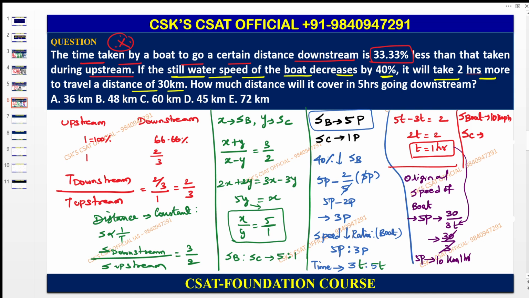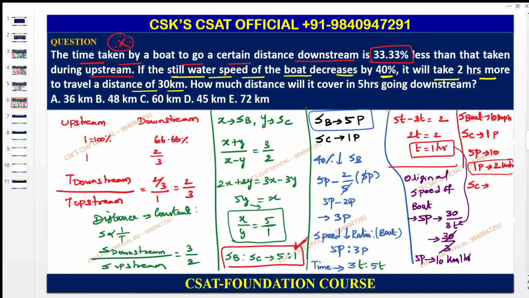Please understand, the speed of the boat to the speed of the current is in the ratio 5:1.